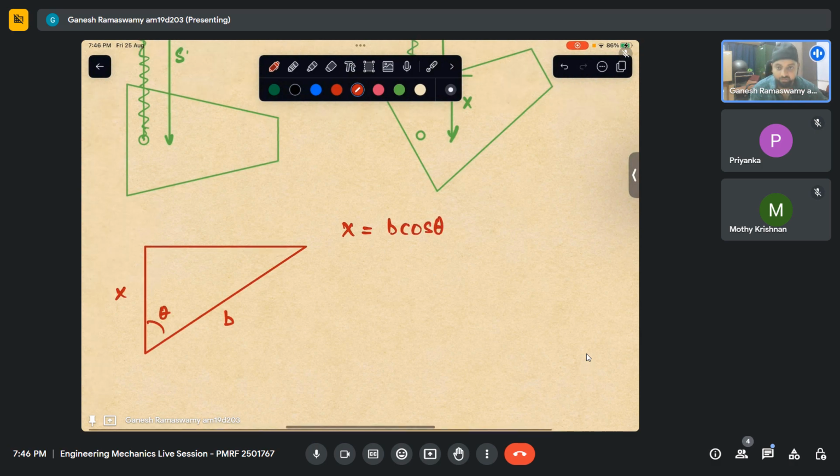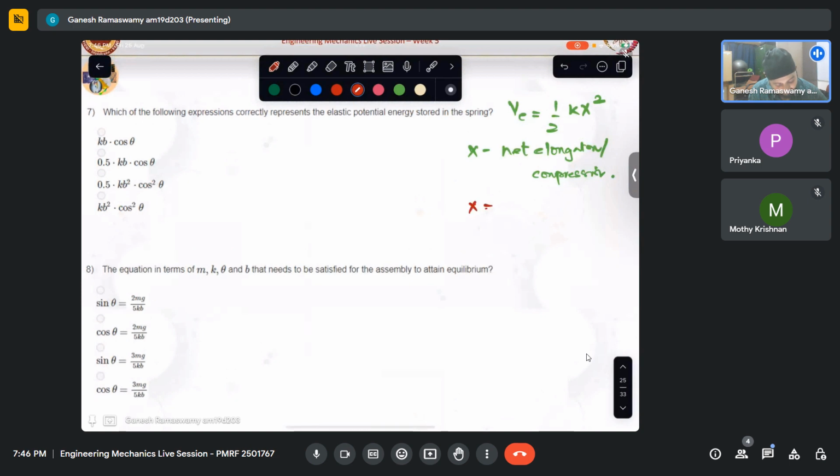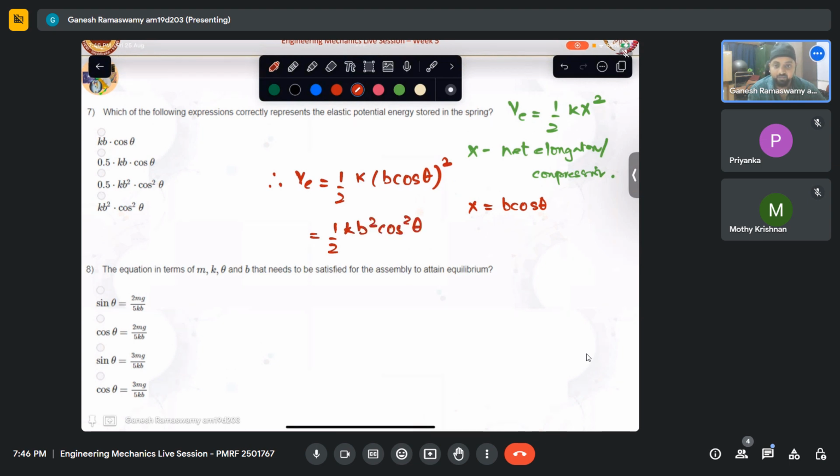Therefore, PE is half K times B cos theta the whole squared, which comes out to be half KB squared cos squared theta. So this is my elastic potential energy stored in the spring, half KB squared cos squared theta.